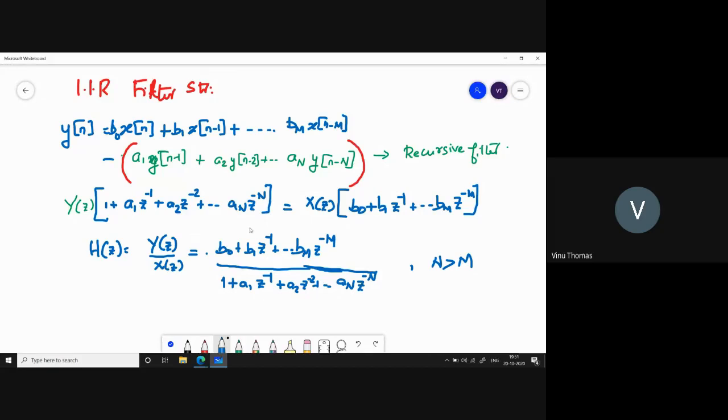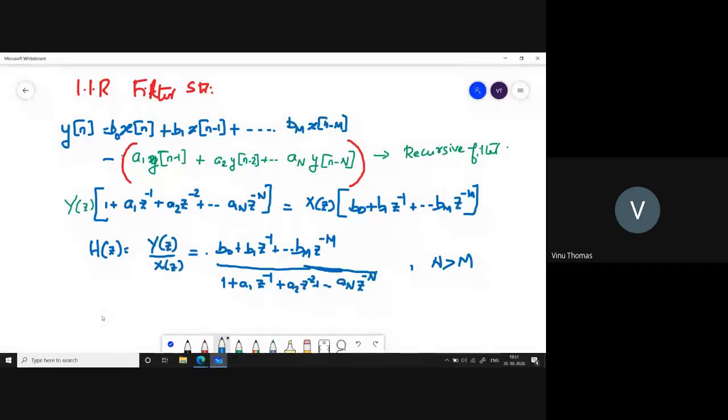So the constant part will constitute an FIR filter and the rest will constitute an IIR filter. So for the IIR filter, you require that the power of z raised to minus 1 in the denominator is greater than the power of z raised to minus 1 in the numerator. So that is required. So n should be greater than m. We will see numerical examples, in which case it will become more clear.